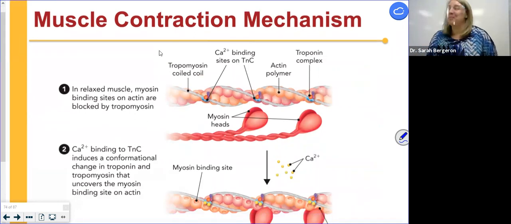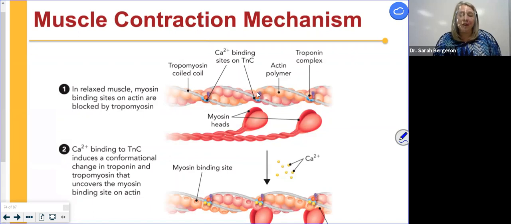But that's okay. So, right, this is our relaxed state. Myosin heads are not bound to the actin. But do you see these little circular shaped things that are like empty little cavities inside of the actin? That represents the myosin binding sites.